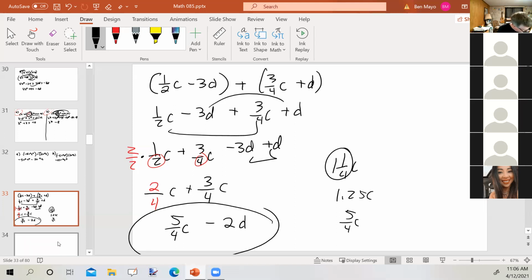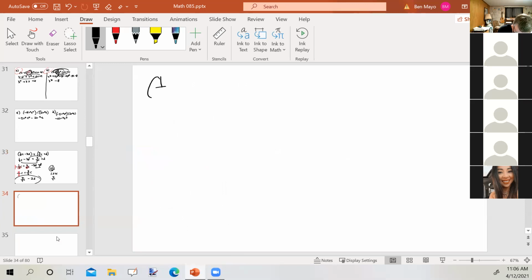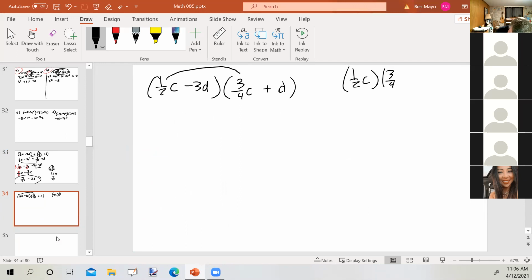Now let's take this situation, 1/2 c minus 3d times 3/4 c plus d. So we're going to take 1/2 c times 3/4 c, which is what? 3/8 c squared.